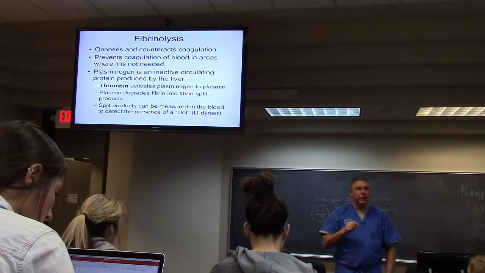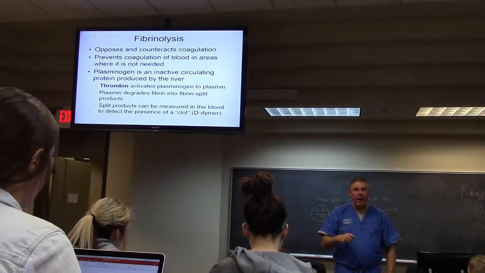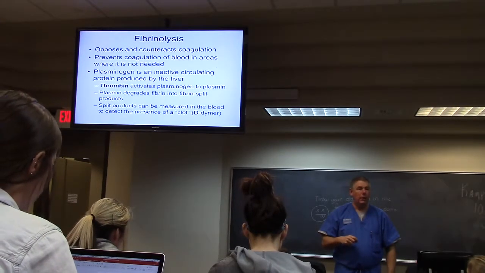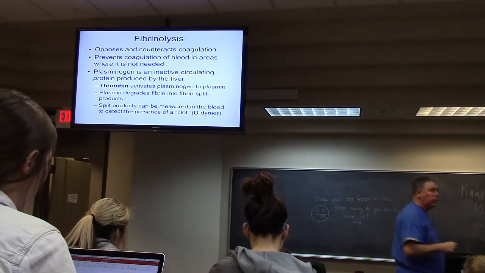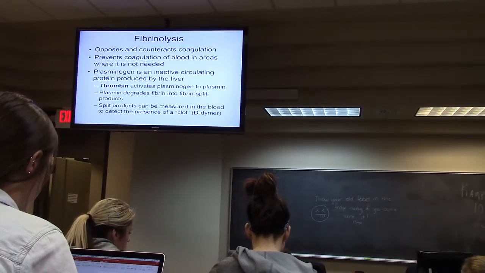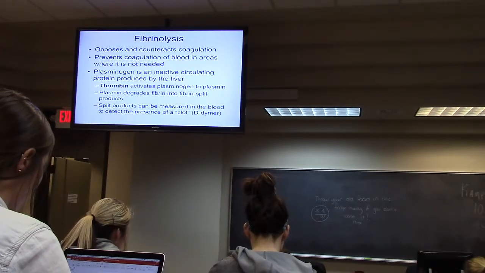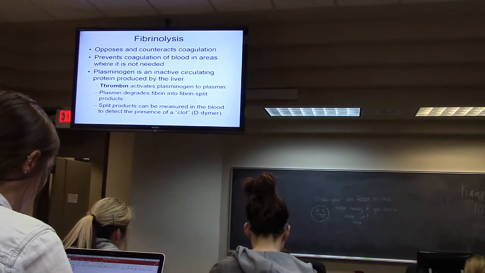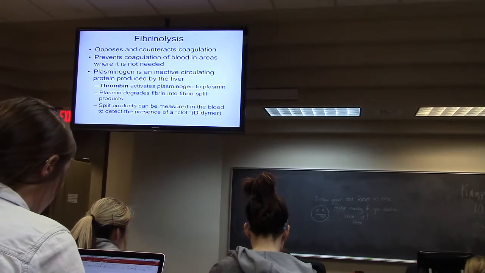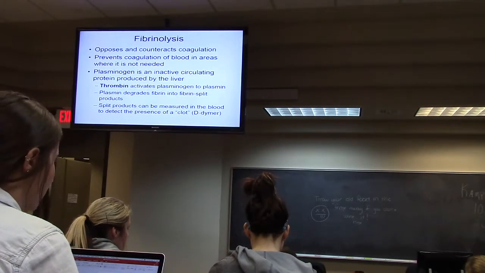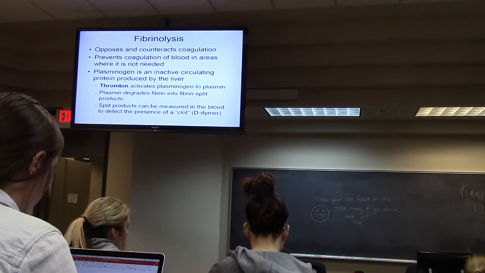The test that you would order is called a D-dimer. If you have a DVT and sudden shortness of breath, I'm going to do two things right off the bat. One is I'm going to send you for a CAT scan, because that's how you would diagnose a PE. The second thing is I'm going to get a D-dimer.